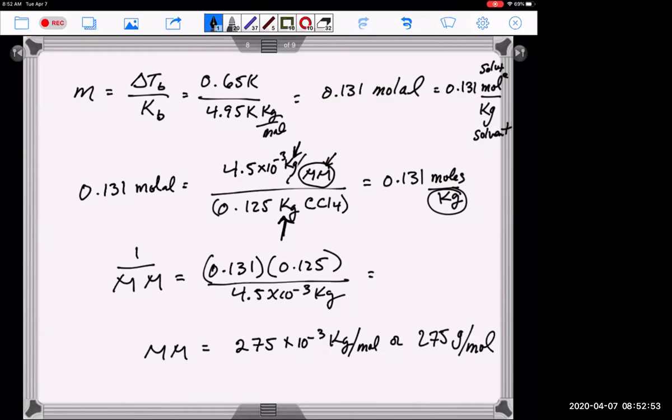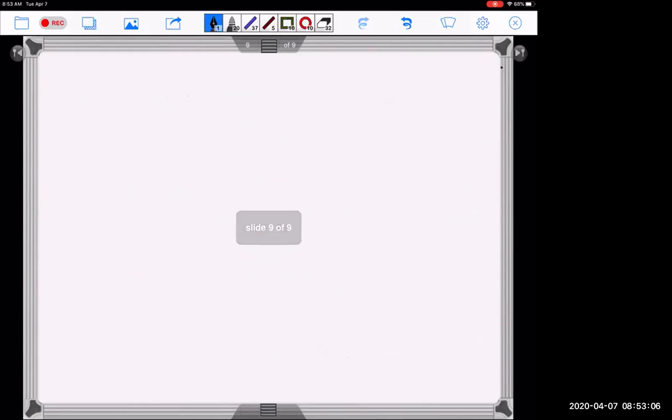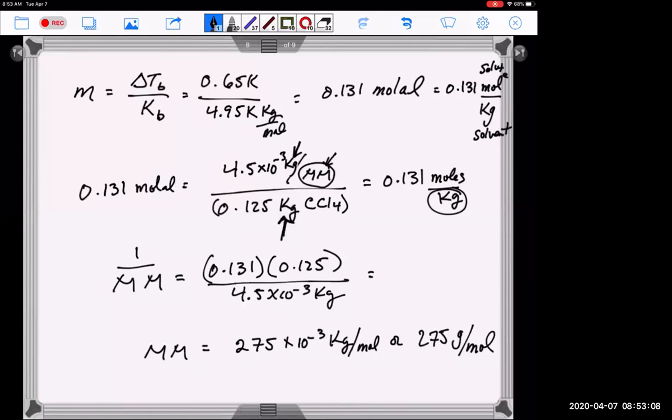Are there any questions about that? I have a quick question. Is the molar mass that we're finding of the mixture or of the solvent? No, just the solute, because remember in the numerator of our molality, this is all solute. The numerator is just the number of moles of the solute.